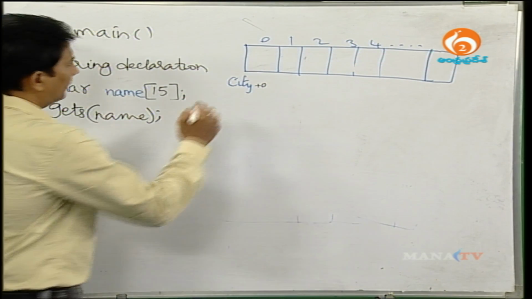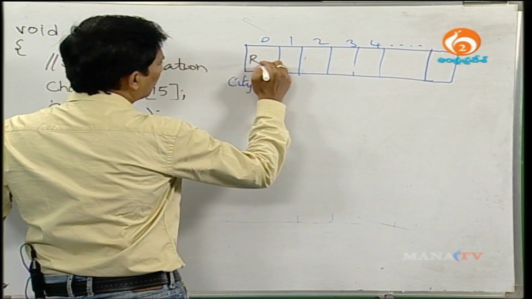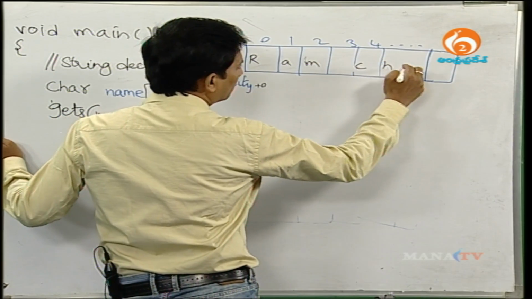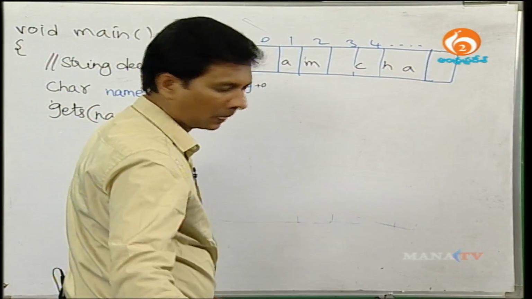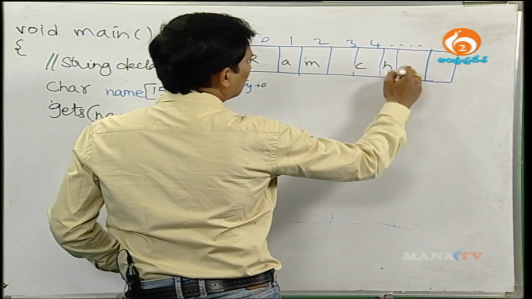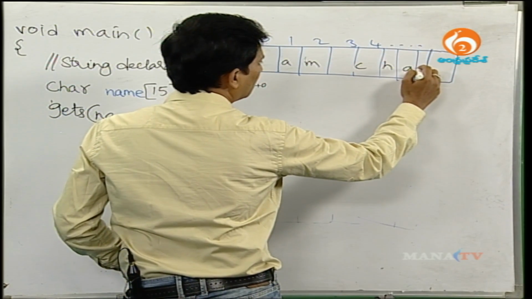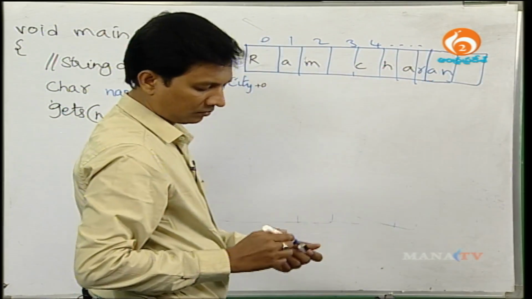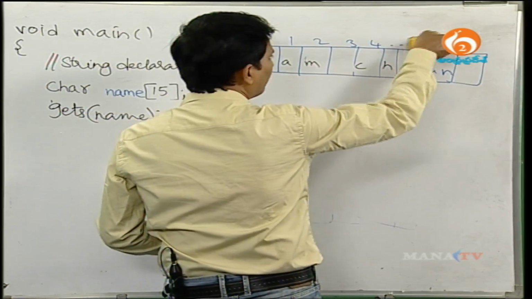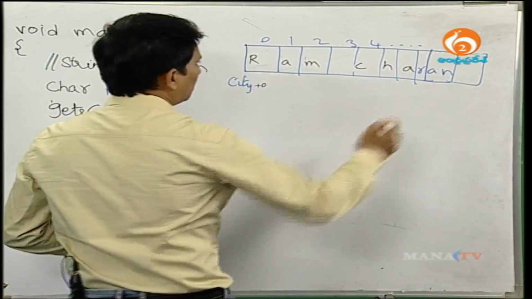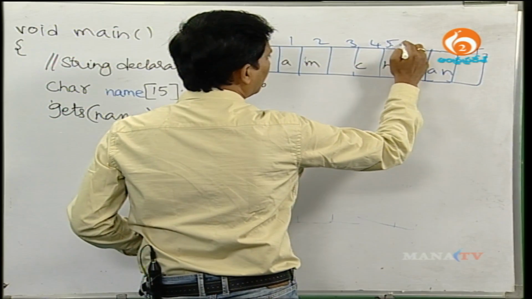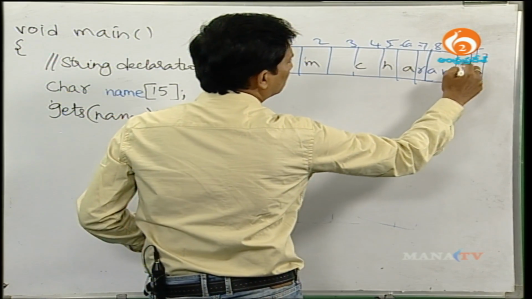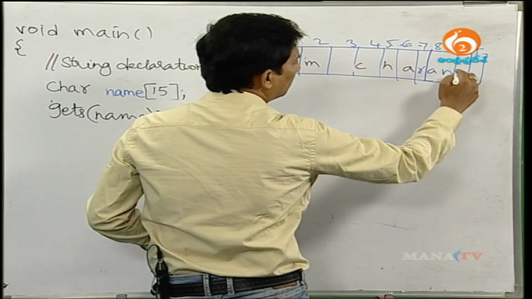So, name is Ram space Charan. Size is 14, 5, 6, 7, 8, 9, \0.